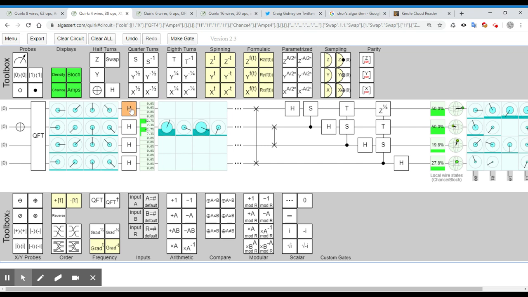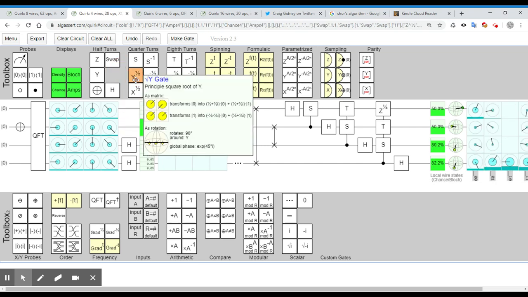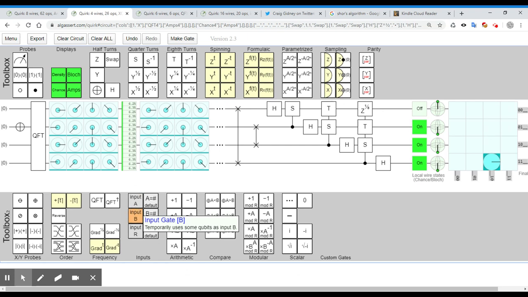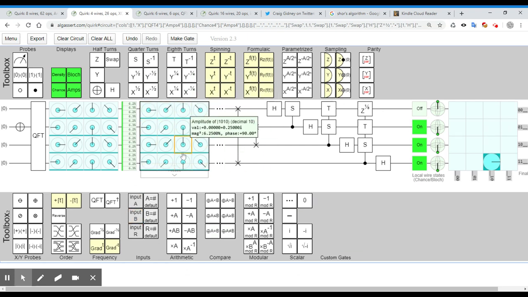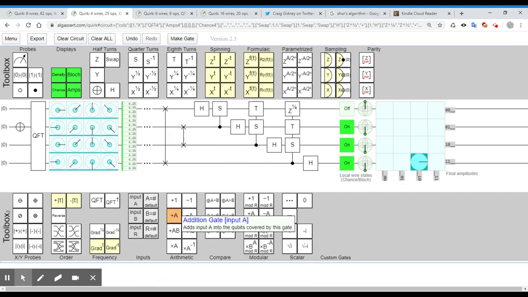So that was a bad idea. That's not needed anymore. And now the result we get is the decimal 14.